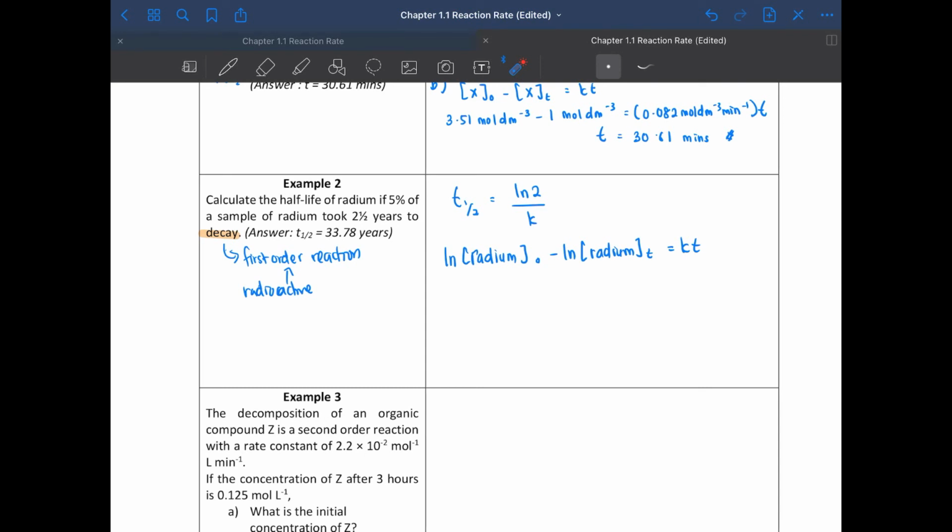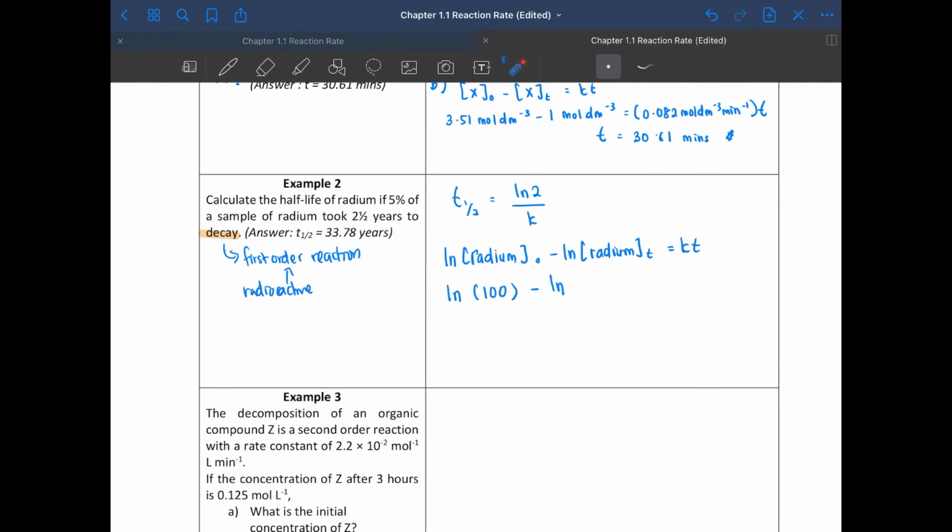Okay, so contohlah kalau ln initial, percentage initial berapa? Usually percentage initial 100% lah. So ln 100 minus with ln A, okay, so over here ini trick dia. I always emphasize that A is the concentration left ataupun the concentration remain after time T. So kalau ikut ayat ni dia kata 5% of sample of radium took 2.5 years to decay.